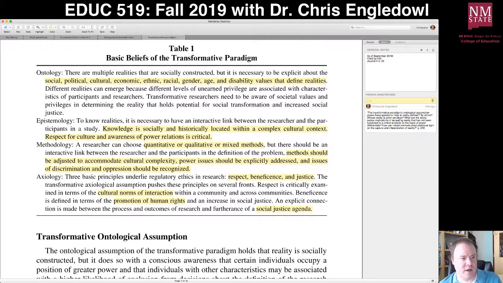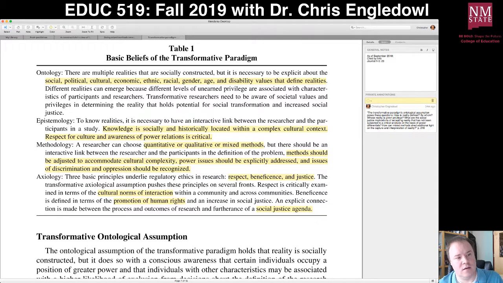So first of all, the ontology: there are multiple realities that are socially constructed. So it is sort of giving a nod to the origins of constructivism, to the social constructivists and the sociocultural theories that exist, saying, yeah, these things are socially constructed, therefore there's multiple realities and yours and mine may be different.